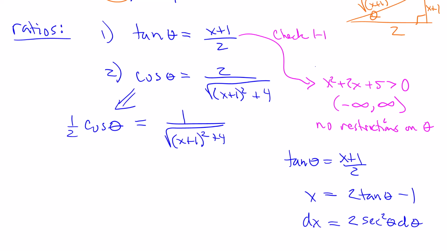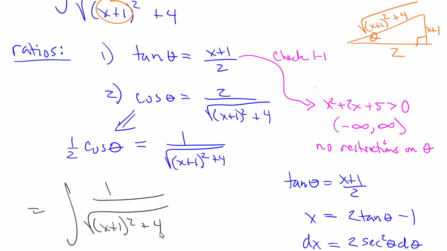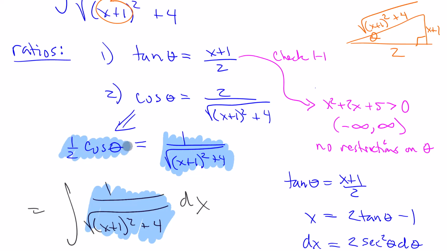In fact, let's bring that original back in to make sure this is all making enough sense. The original problem was the integral of 1 over the square root of x plus 1 squared, that x plus 1 being in parentheses, and then plus 4, that's all under the root, and then dx. But what we've now discovered is that we can replace, and we'll do this with some highlighting, 1 over that root, which is exactly everything you see in the integrand, by 1/2 cosine theta.